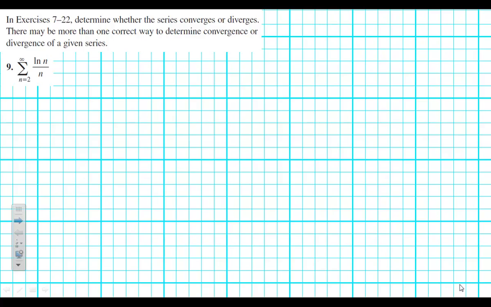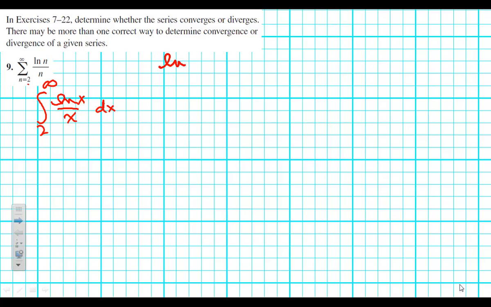Now remember, for the integral test, there is an integral of a function that looks like natural log n over n, and that function would be natural log of x over x, and we'll want to go from 2 to infinity dx. There's a couple other conditions we should check.